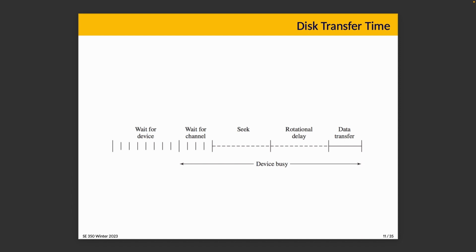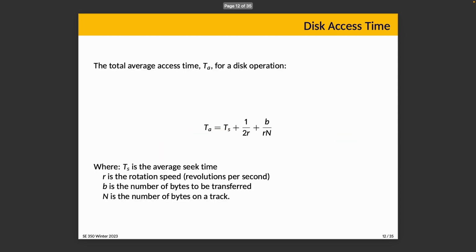Because there is the possibility that we arrive at the exact moment that we need, and therefore the rotational delay is 0, or we just missed it and we have to wait for a full rotation of the disk before we get another chance. On average, we expect it's about halfway. There are averages built in here.